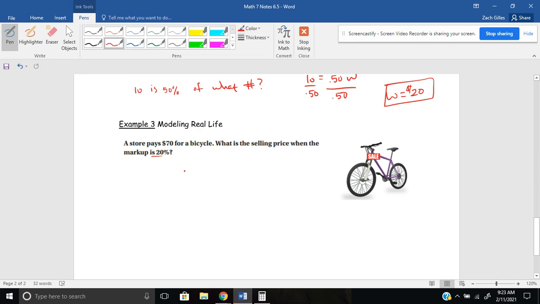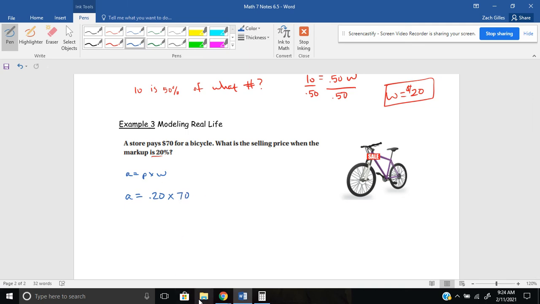So, one way to do this would be to use the percent equation. And the markup is 20% of what we bought it for. So I'm going to find the markup first. So I know my percent is 20%. And I know my whole, I know I purchased it for $70.